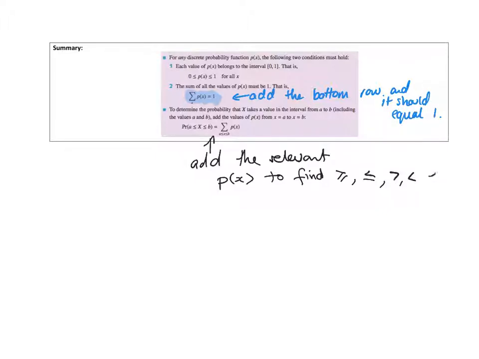Well, we just have to add up the relevant p of x's. So here, we might just say add the relevant probabilities to find less than or equal to's, greater than or equal to's, greater than's, less than's, etc.